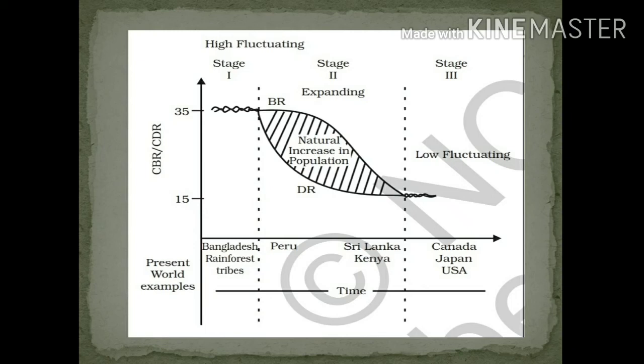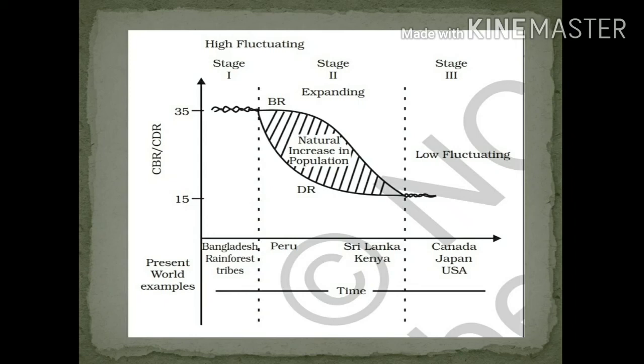And on the x-axis the number of countries are given which are found in different stages. At the top you can see stage 1, stage 2 and stage 3. You will see that stage 1 is called the high fluctuating stage, stage 2 is called the expanding stage, and stage 3 is called the low fluctuating stage.